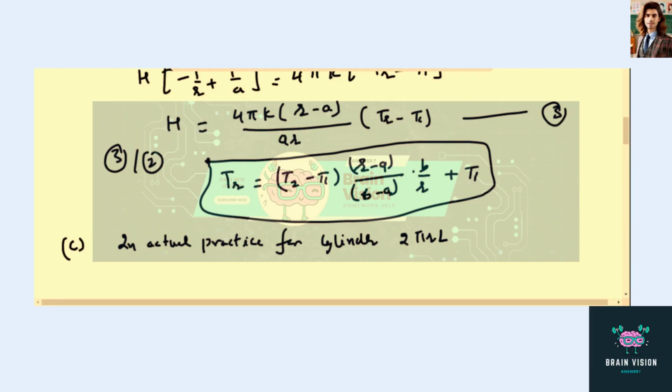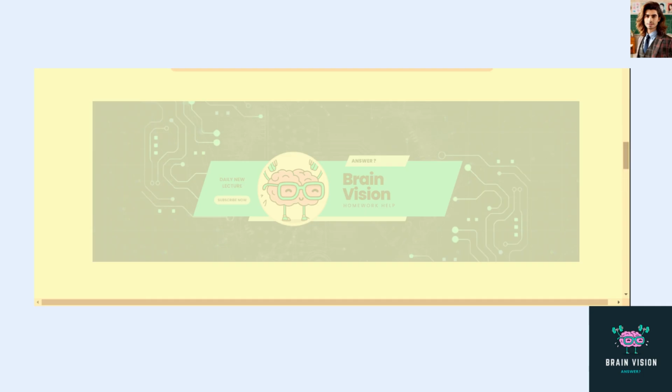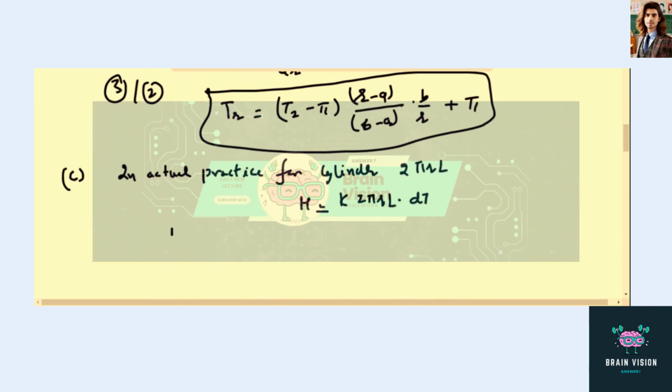So equation 1 can be written as H is equal to k 2 pi r l into dT upon dr. So H dr upon r is equal to 2 pi l into k dT.